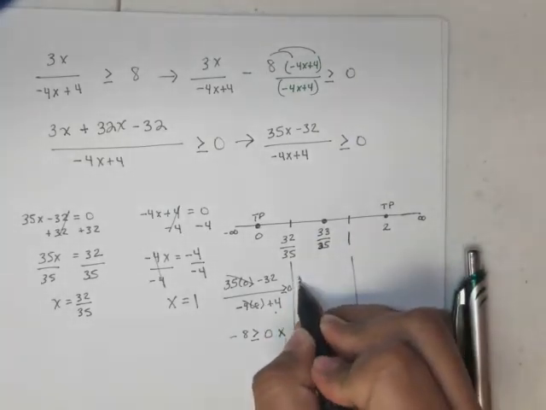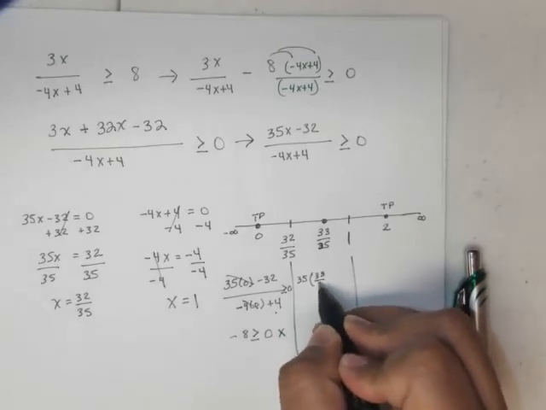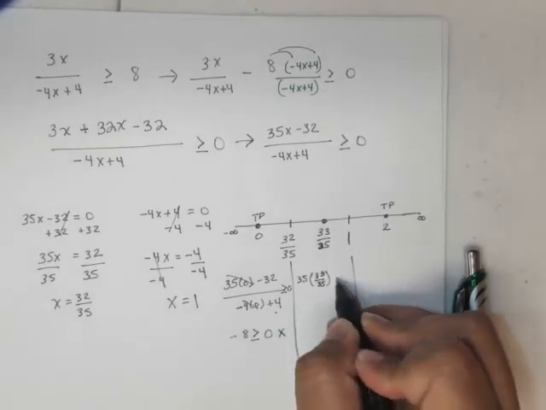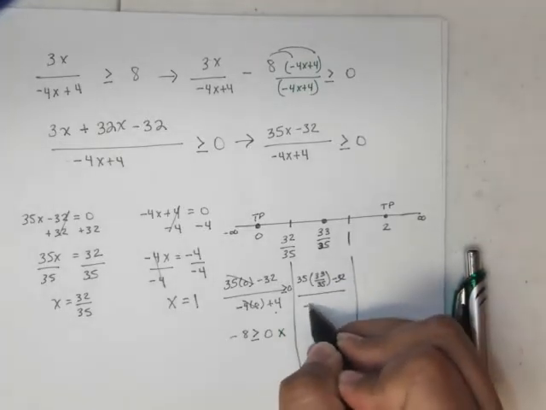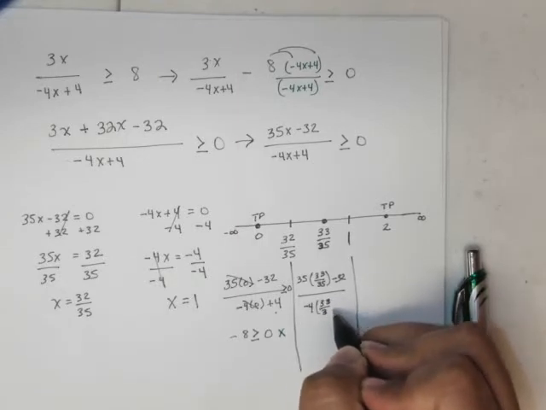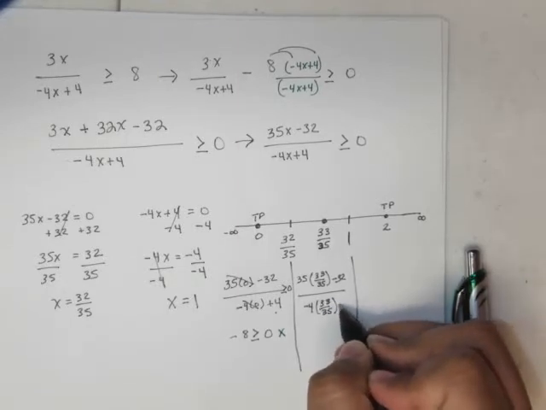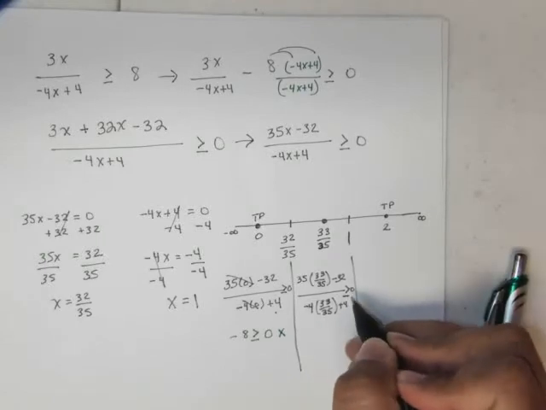All right, 35 times 33 over 35 minus 32 divided by negative 4 times the same fraction. Okay, we're checking if it's greater than or equal to 0.